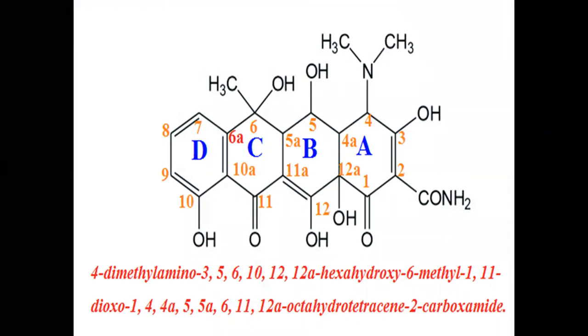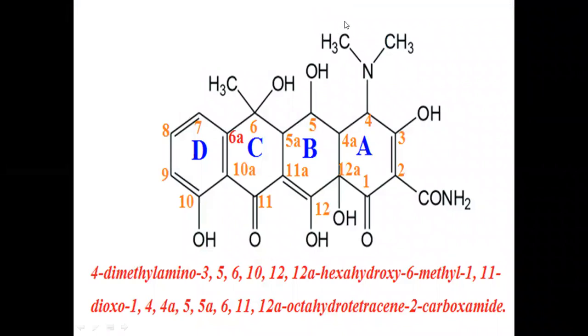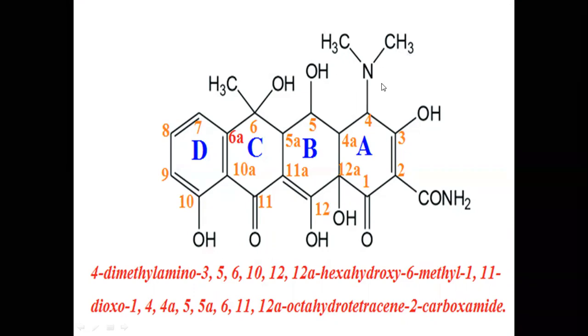Tetracycline exists as a zwitterion. Remember this, due to the presence of the dimethylamino group, tetracycline exists as a zwitterion, which enables it to distribute in the body. Due to the formation of the zwitterion, it can be easily distributed in the body.